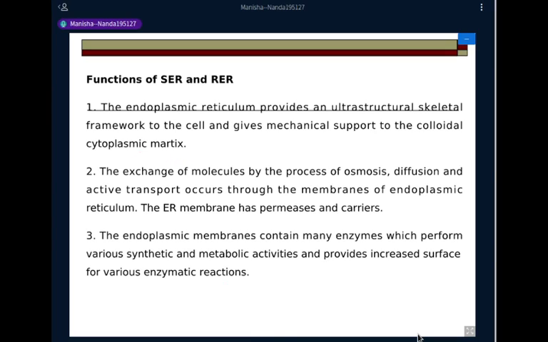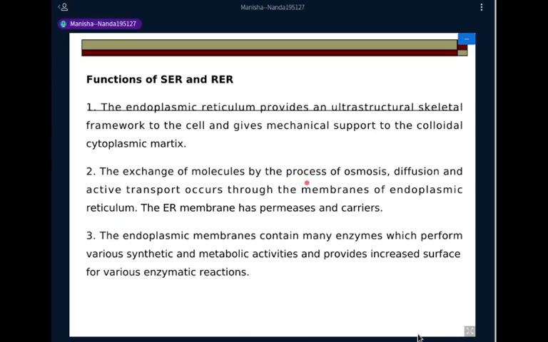This you can easily judge by again just taking a look at the diagram that I had shown you in one of the previous slides, where you will see how extensively it forms a skeletal framework that provides mechanical support to the cytoplasmic matrix.